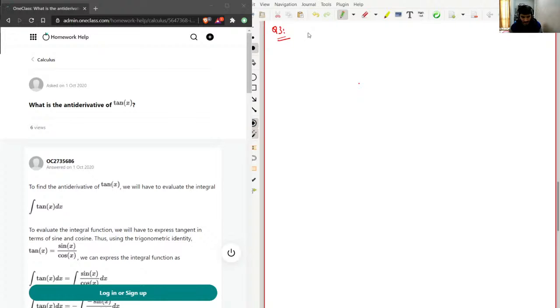So antiderivative means integral of tangent of x. So basically first I'll write tangent of x is sine x over cosine x. So I'll substitute the value of tangent as sine x over cosine x.